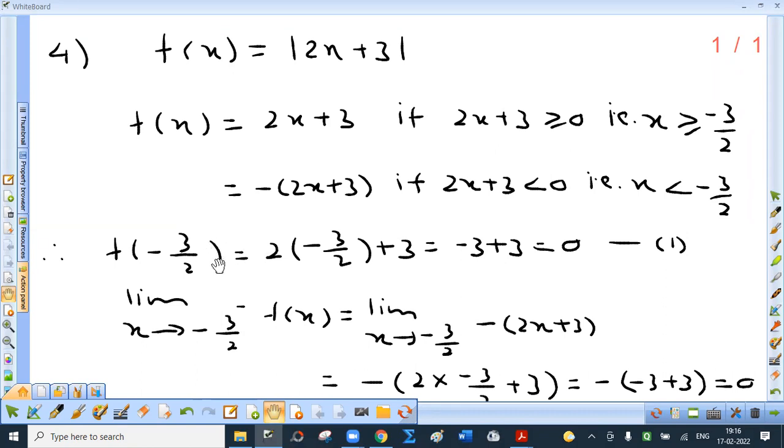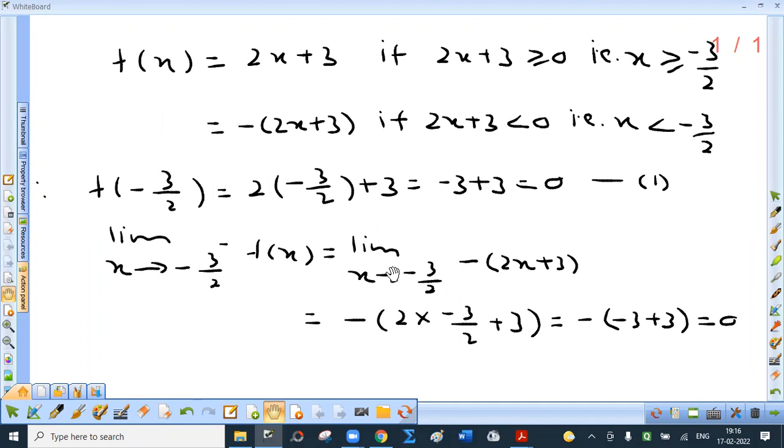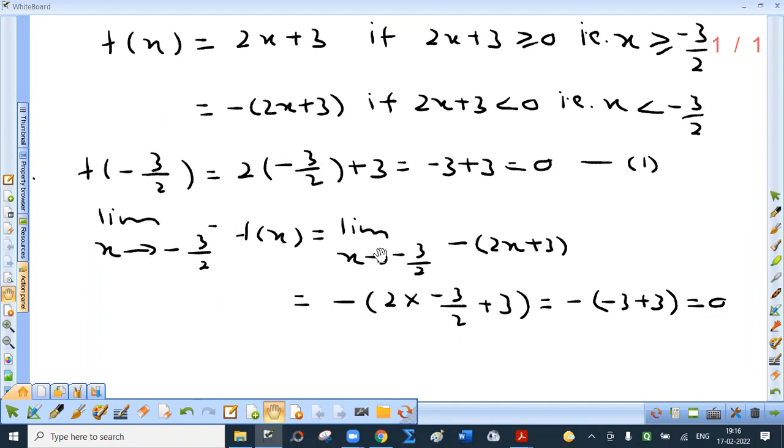Now, what is f of minus 3 by 2? Remember, we are asked to find or rather discuss continuity at minus 3 by 2 only. So f of minus 3 by 2, you have to select this function, 0. Limit as x tends to minus 3 by 2 minus. Minus means to the left of minus 3 by 2, that is less than. So it is minus of 2x plus 3. No problem. So left hand limit comes out to be 0.